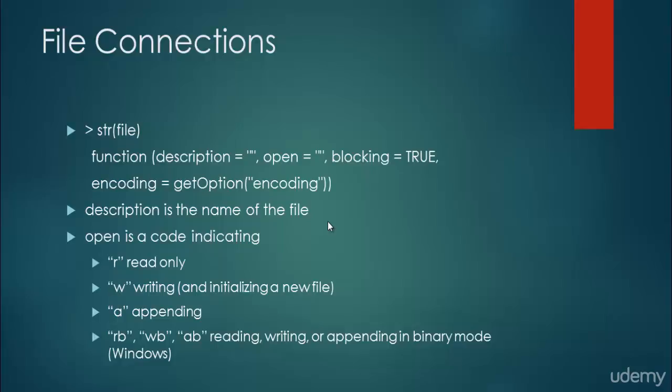So str of file, the function: the description is the name, and open, blocking equal to, these are individual arguments for that function. Open indicates what mode the file is opened in. r means read only, w specifies writing permissions, and a is appending. rb, wb, and ab are for reading, writing, or appending in binary mode, which is useful when you are coding on Windows.